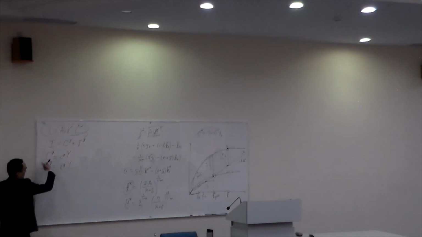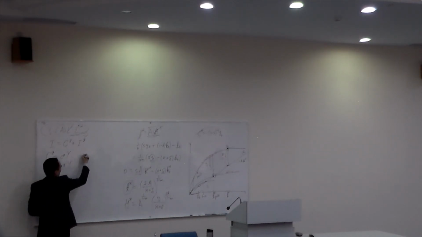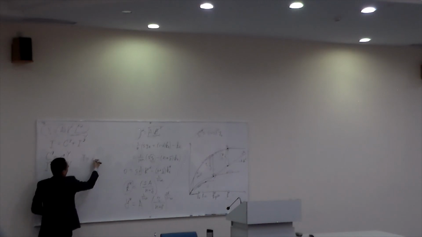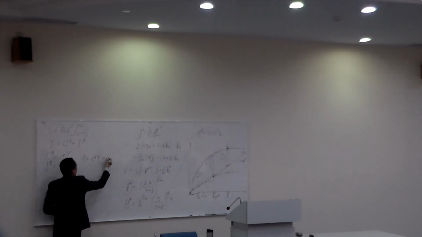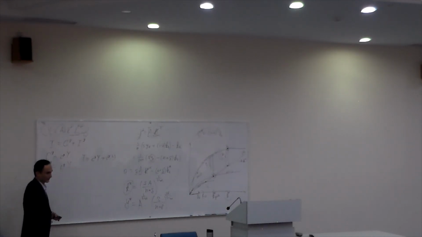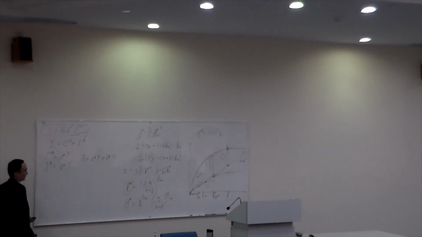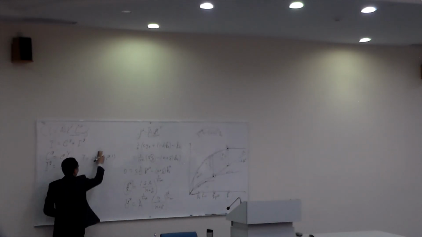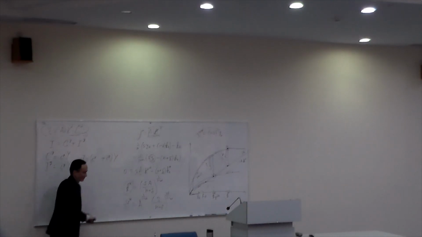So you can write it as tax equals the consumption rate times Y plus the investment rate times Y. Or even simpler, we can write it as this rate times Y.